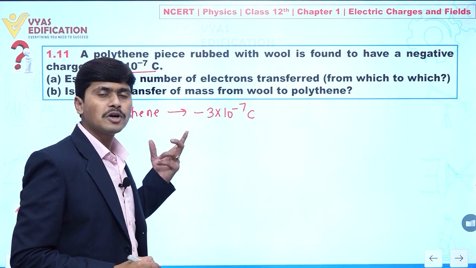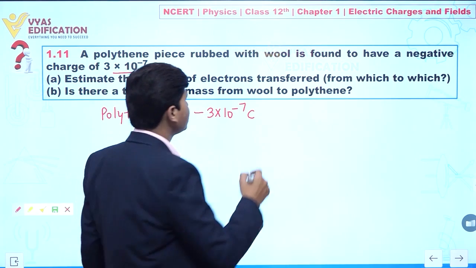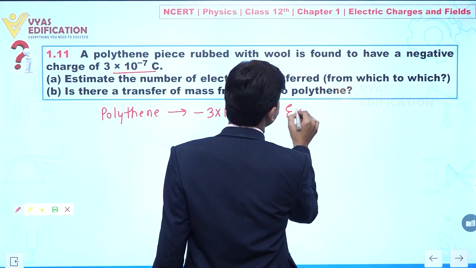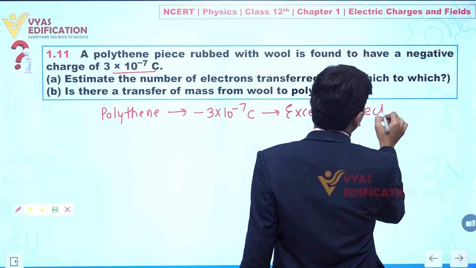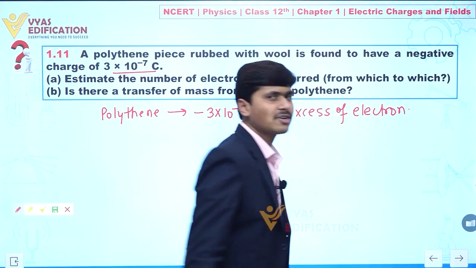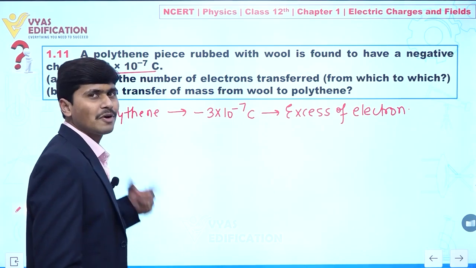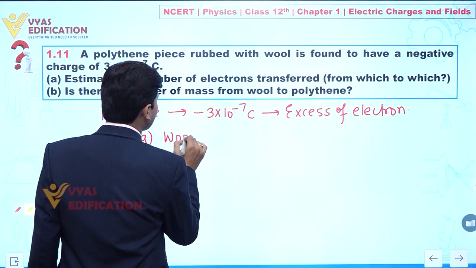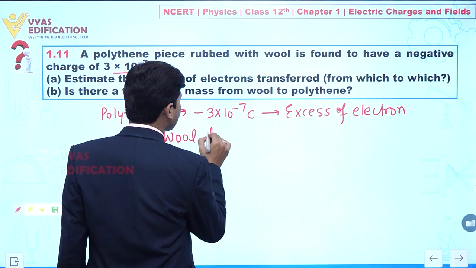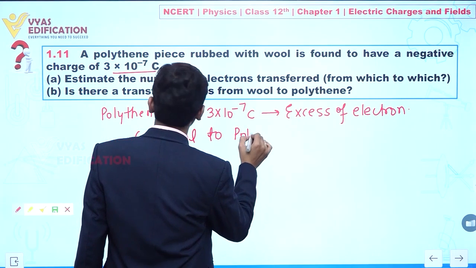When polythene has a negative charge, we have an excess of electrons. So electrons are transferred from wool to polythene.